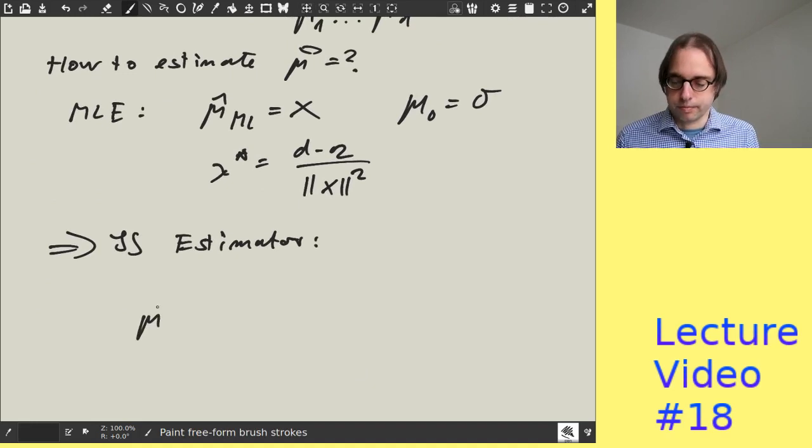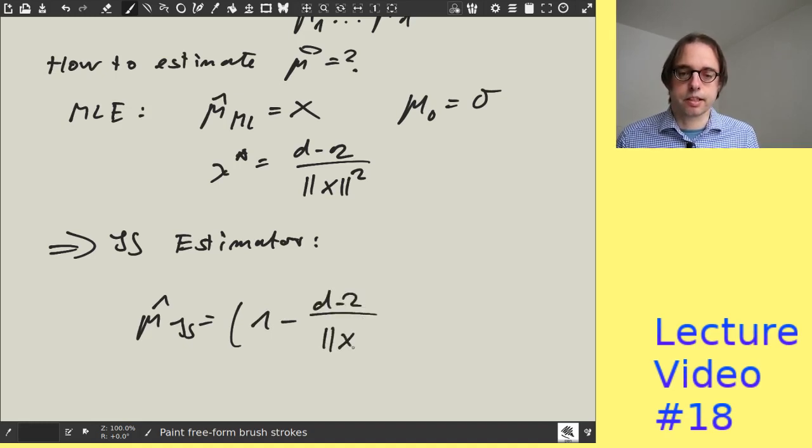Mu hat James-Stein is 1 minus lambda, in this case d minus 2 divided by the sum of squares of the x, times x.